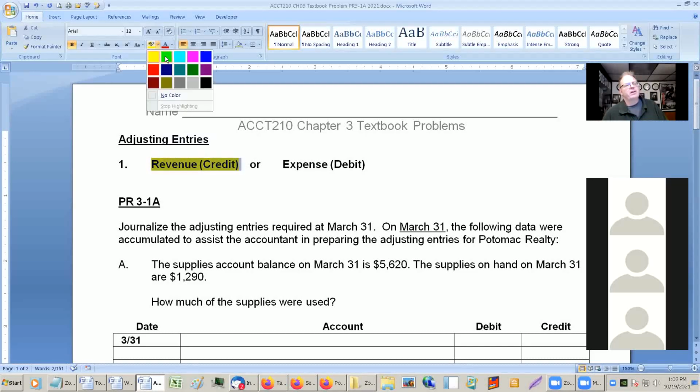I think the revenue is green, and expense I'll make that yellow. So one or the other. Now you will not have both of them. So you'll never have both of them. It's one or the other.